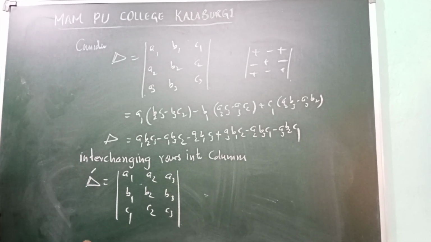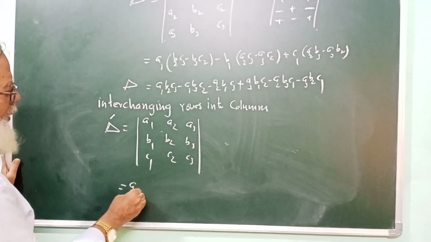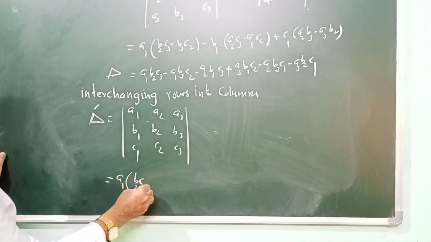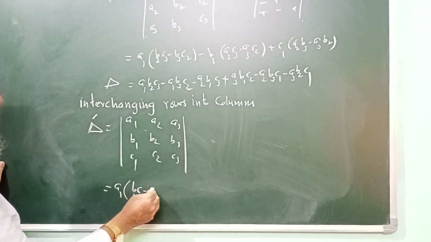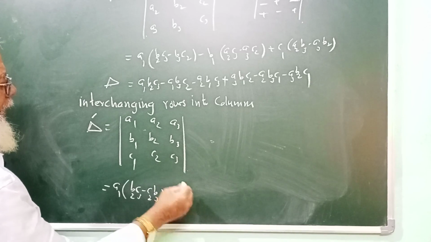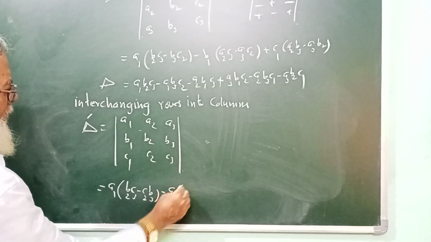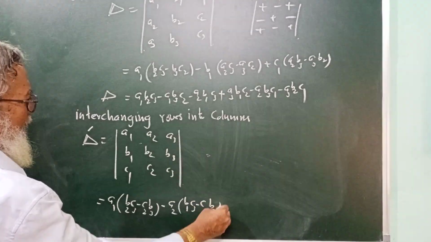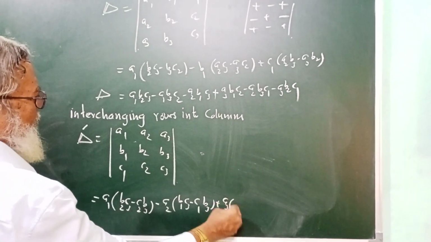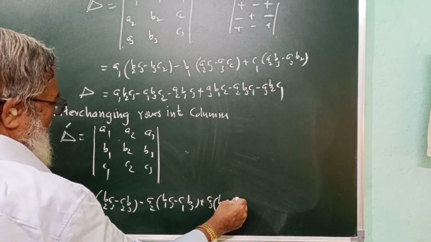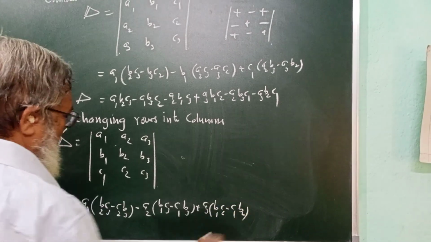Expand it. So that is by first row wise only, A1 into B2 C3 minus C2 B3. Then there will be negative sign, A2 into B1 C3 minus C1 B3, plus A3 into B1 C2 minus C1 B2.